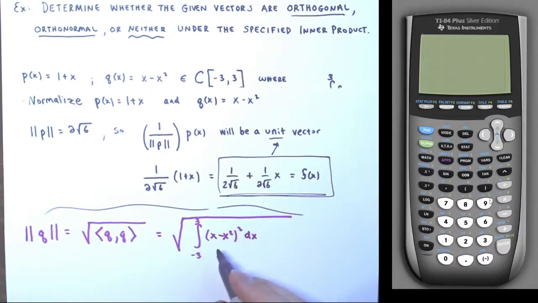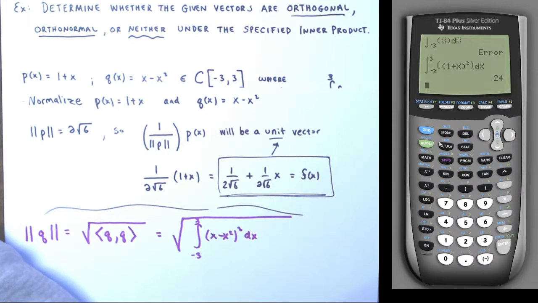And again, I'm just going to type this in as it is with the square root and everything to get the norm of Q. So we have the square root of the integral from -3 to 3 of the quantity x minus x squared, that quantity squared, dx, and that's all underneath the square root.